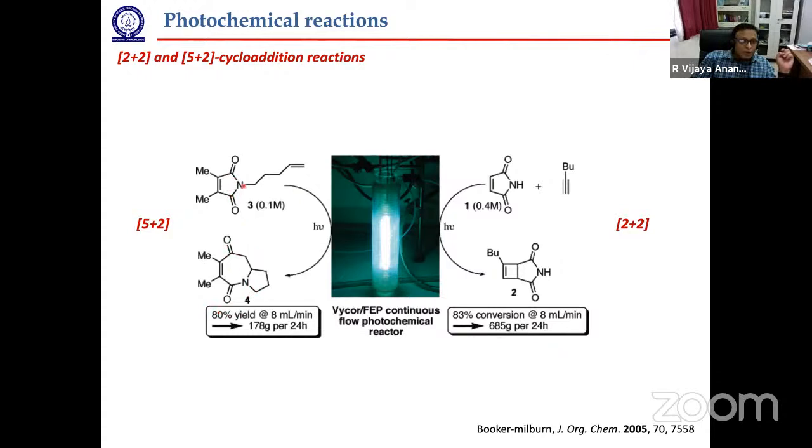Formally what is happening is that this is basically 2+2 cycloaddition followed by this ring cleavage. So it's a formal 5+2 cycloaddition process, and it gave like 80% yield. And in 24 hours, one can get almost 180 grams of this particular compound. This is very, very high. So it's impossible to get this much, at least on lab scale, in 24 hours.